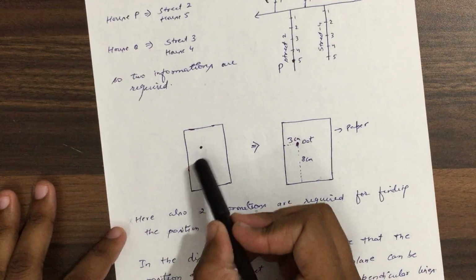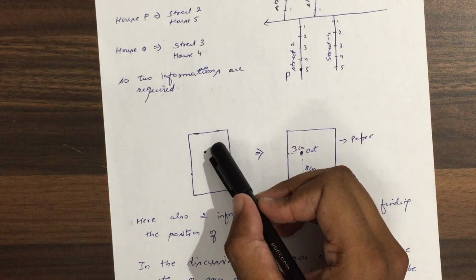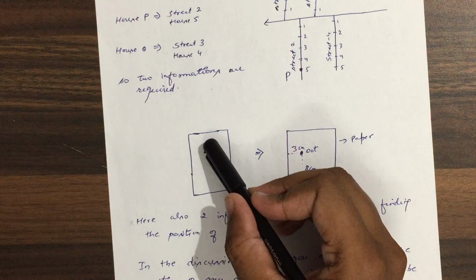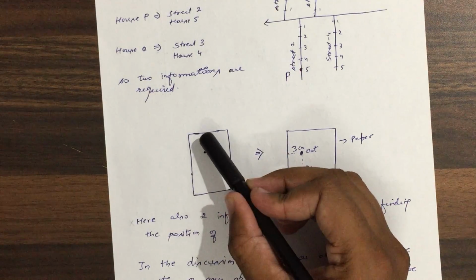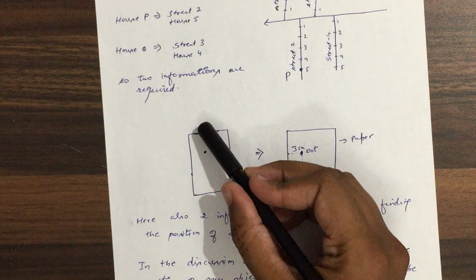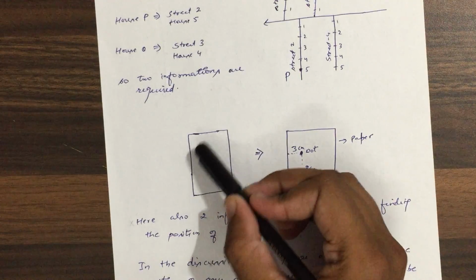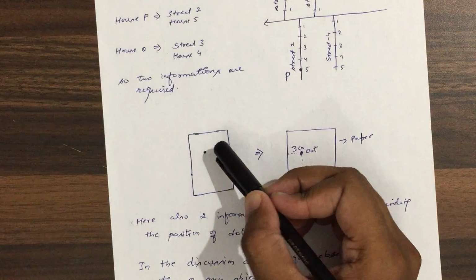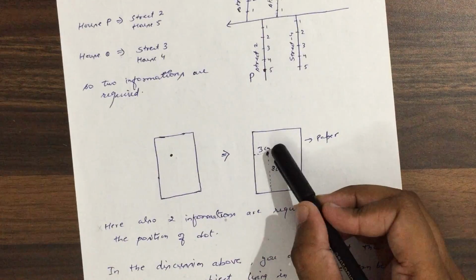Similarly, take this point. Now I want to tell the position of this point. What will I tell? It is some centimeters towards the left, it is near the top. You can tell it is near the left side or near the top, but this won't be the exact position of the point. Now let us take this condition.